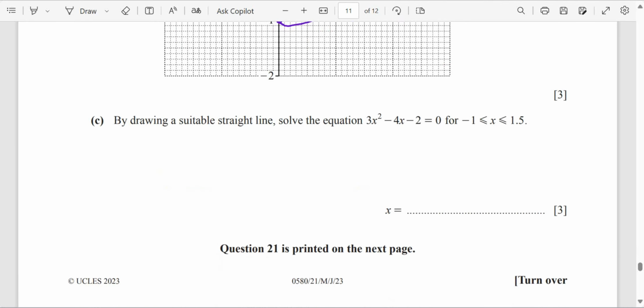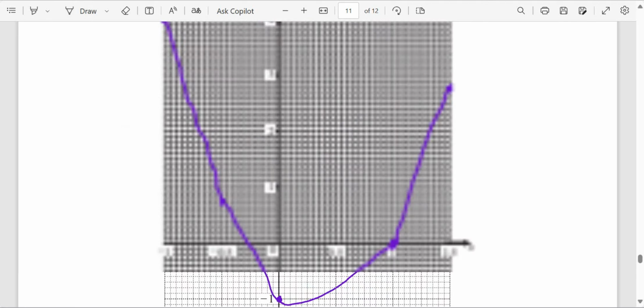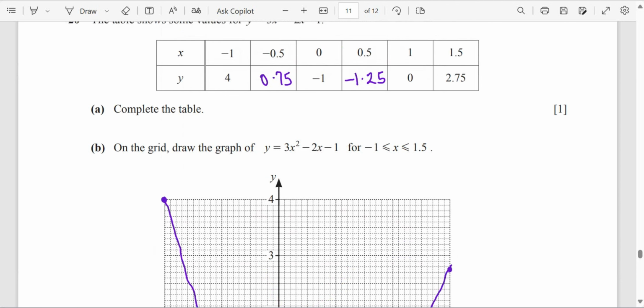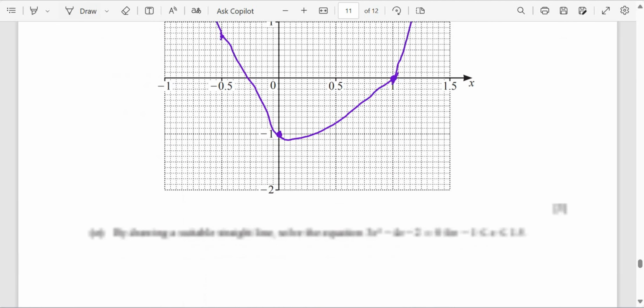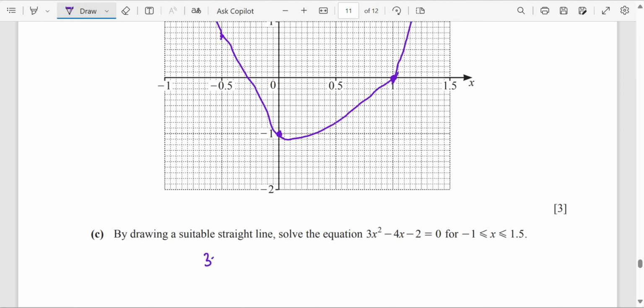So by drawing a suitable straight line, solve this equation. Now you need to compare both equations. So let's see, what was the original equation given to us? 3x squared minus 2x minus 1. So I'm going to rewrite this equation using the original equation given. So this is going to be 3x squared minus 2x minus 2x minus 1 minus 1.